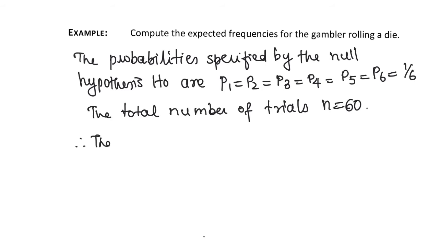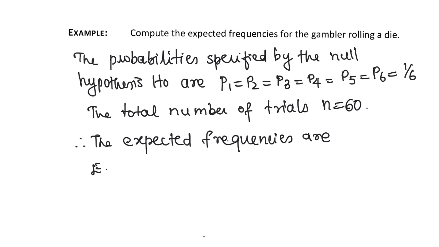Therefore, the expected frequencies are: E1 will be n times P1, so 60 times 1/6.